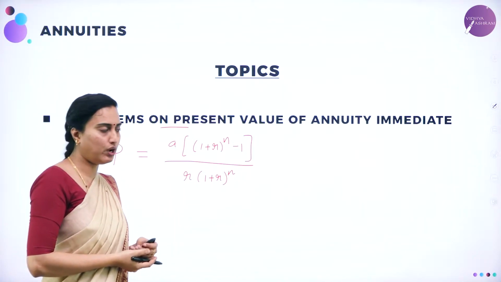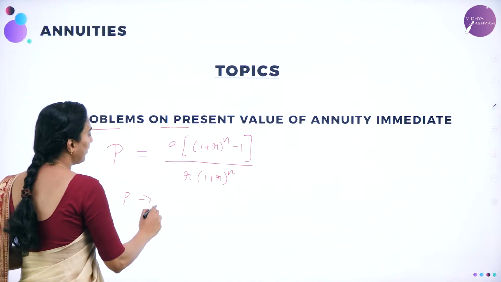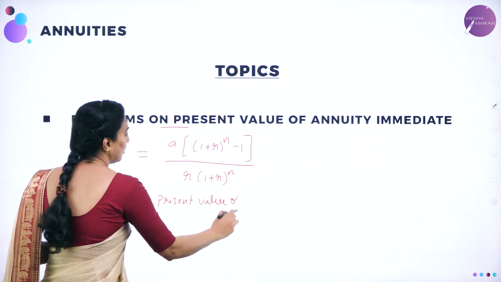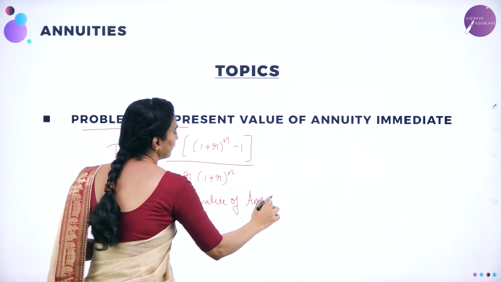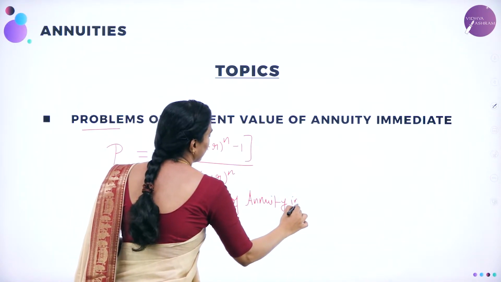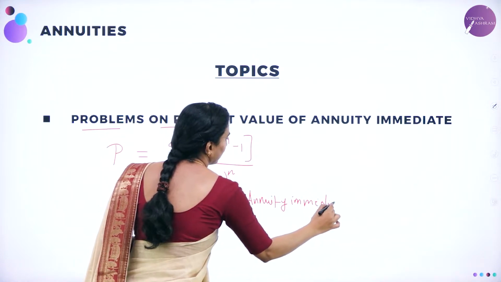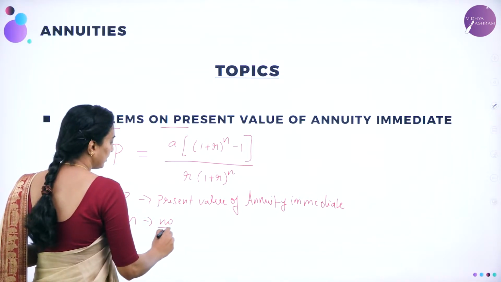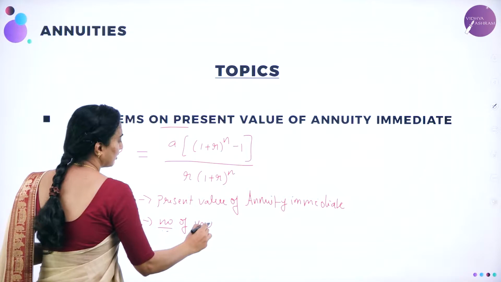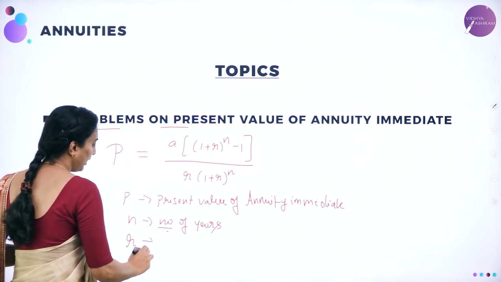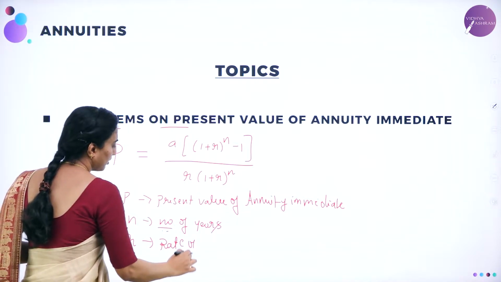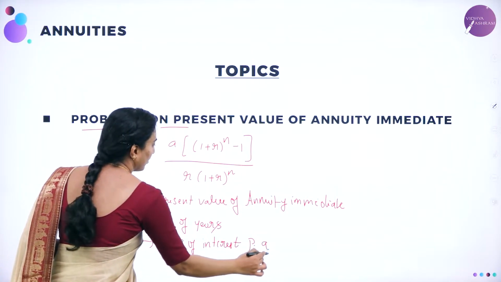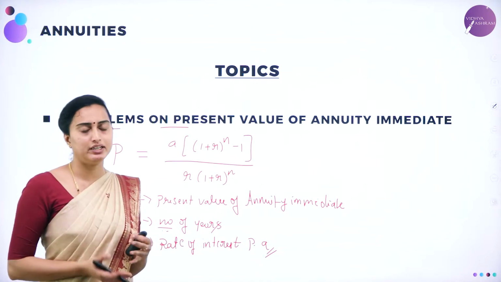This is the formula you are going to have, where P is the present value of the annuity immediate, n is the number of years, and R is the rate of interest per annum, where A is the annuity immediate, you are going to take it as.